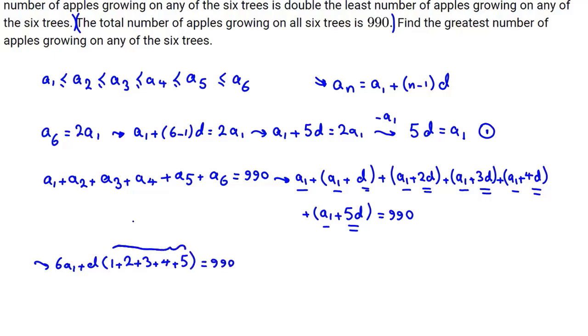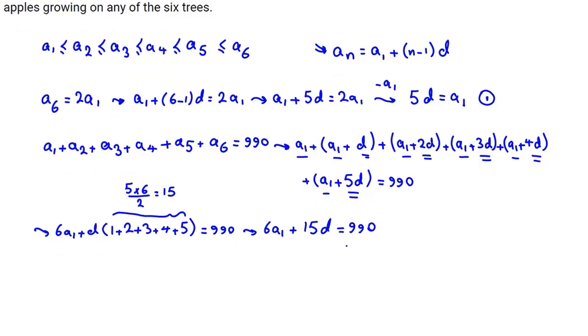You can use the formula for 1 to 5, or calculate manually: 1 plus 5 is 6, 4 plus 2 is 6, so 12, 15. Or you can use the formula, the sum from 1 to n equals n times (n plus 1) over 2. Now we can say 6a1 plus 15d equals 990.